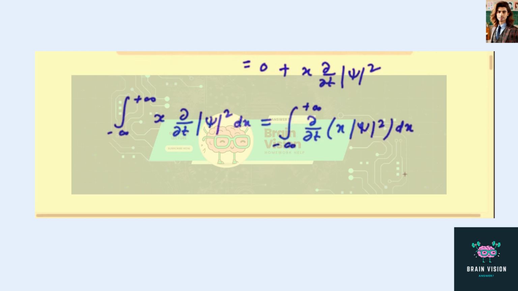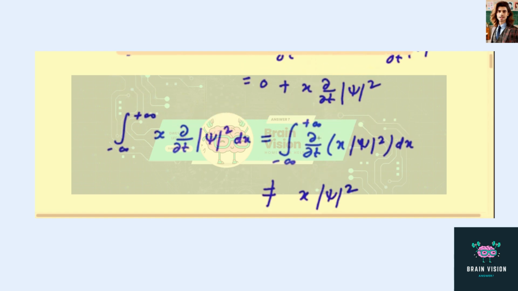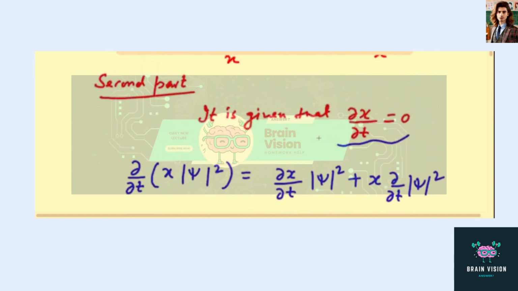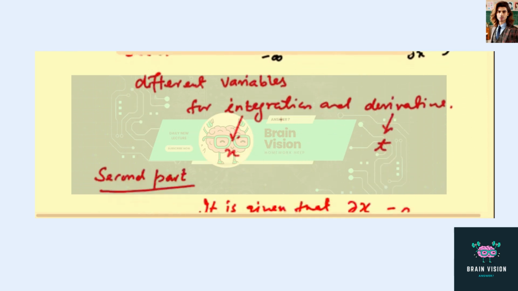It is not equal to the time derivative of x|ψ|² here, because this is the time derivative and this is x. That means d/dt of this expectation value is 0.